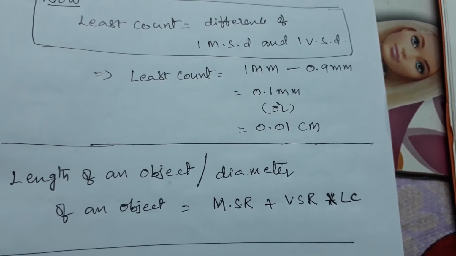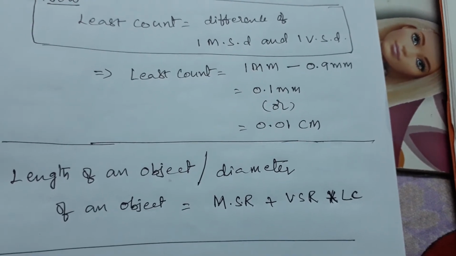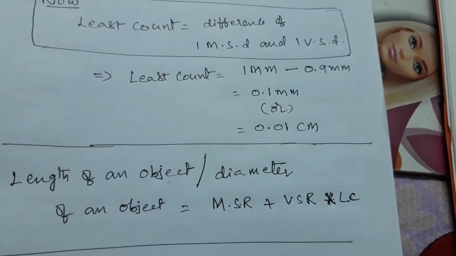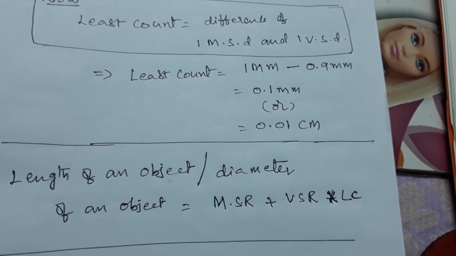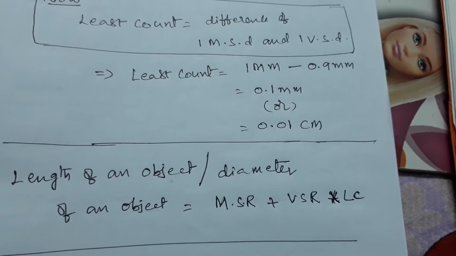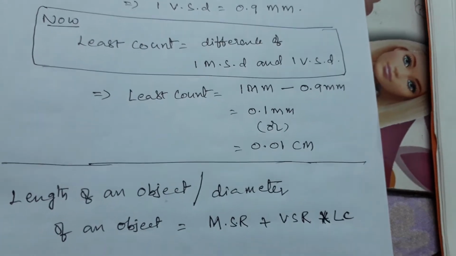After placing the object, the zeroth division of the Vernier scale moves some distance on the main scale. Now see how to find it with an example.